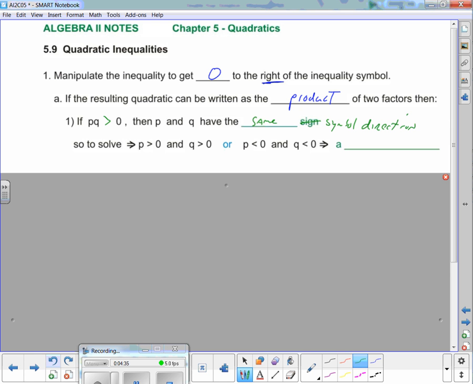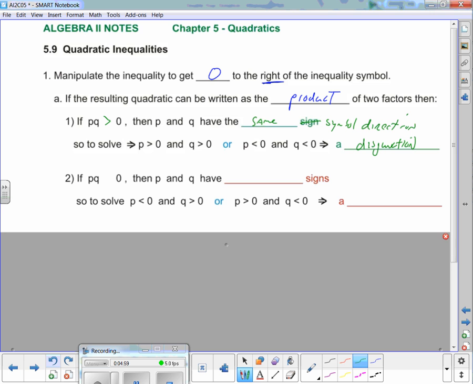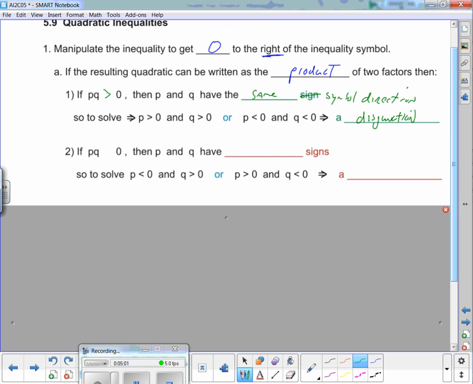And to solve, we're going to do the symbol direction to the right and the symbol direction to the left. The bottom line is this: it is a disjunction. And we're going to read our solution like we read disjunction solutions. I'll try to show you that in a minute.